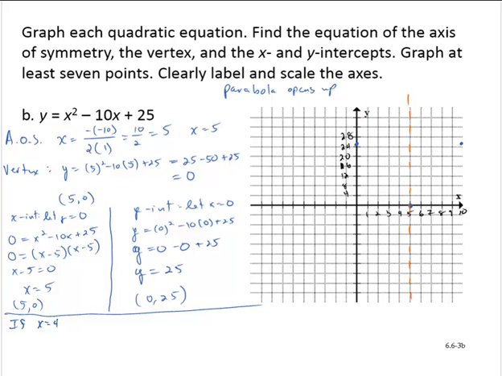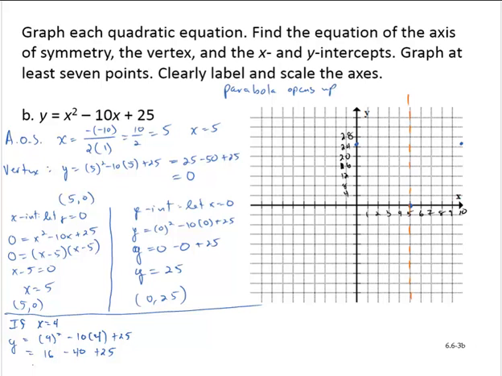So how about we let x equal 4? If x equals 4, then y would equal 4 squared minus 10 times 4 plus 25, and so that's 16 minus 40 plus 25. 16 minus 40 is negative 24.